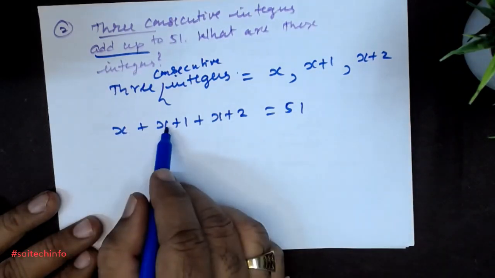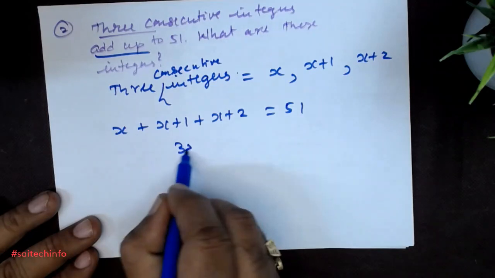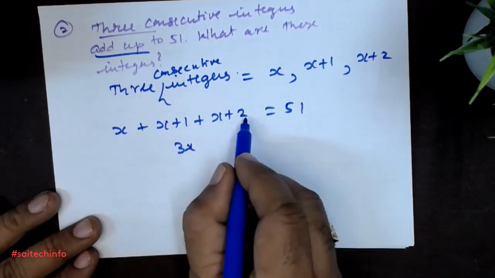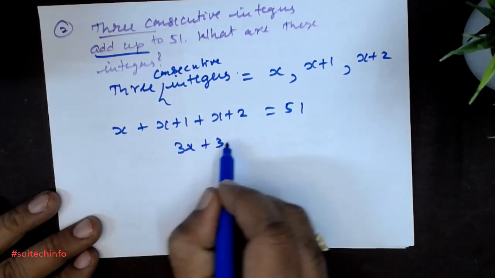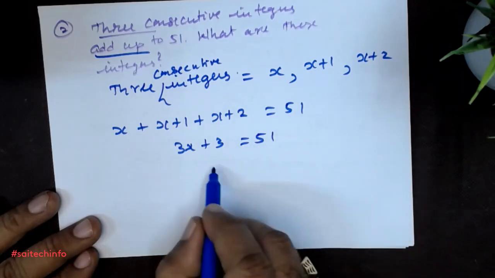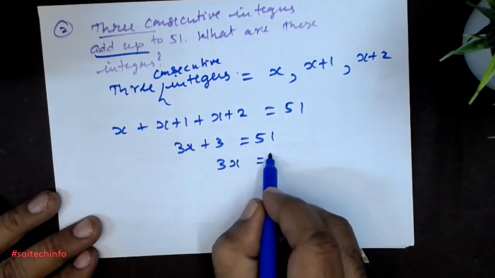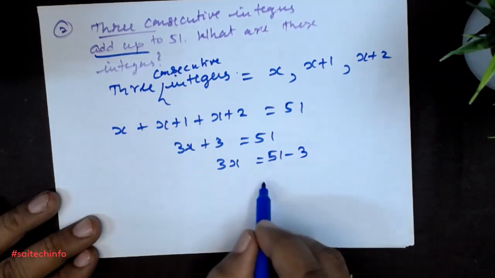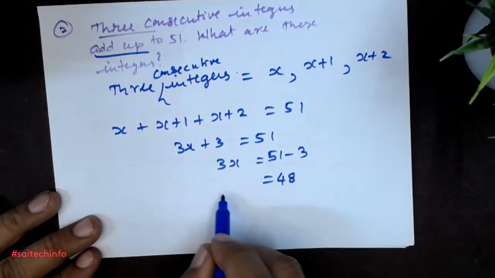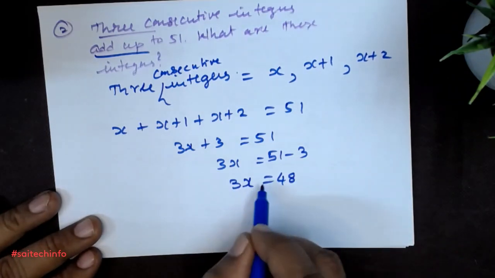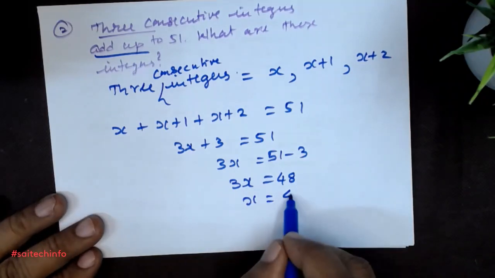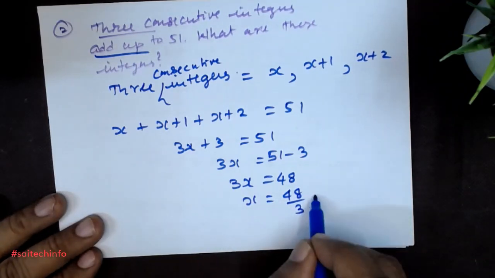Now x plus x plus x, 3x. And then 2 plus 1, 3 is equal to 51. So 3x is equal to 51 minus 3. That is 48. So 3x is equal to 48 means x is equal to 48 divided by 3, that is 16.